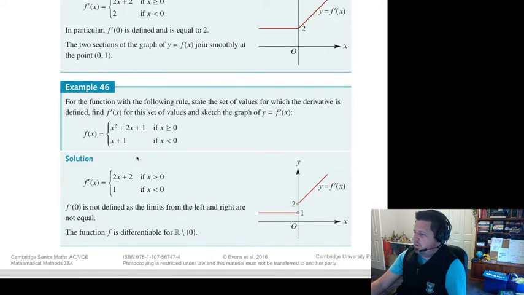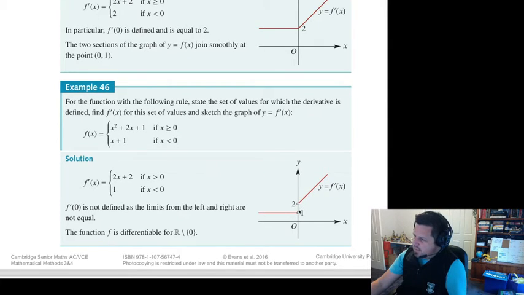You've got the function. Again, we've got a quadratic, except this time we've got the linear here. Sketching the derivative of that, obviously you've got the 2x plus 2 bit when it's greater than 0. So you can see here, notice it's not greater than or equal to, so it's the open circle there as well. To the left of 0, so less than 0, it's just 1, it's a straight line. Again, open circle here.